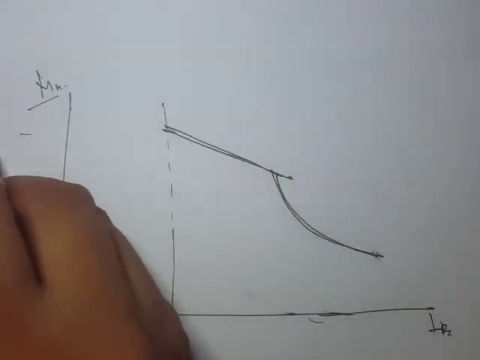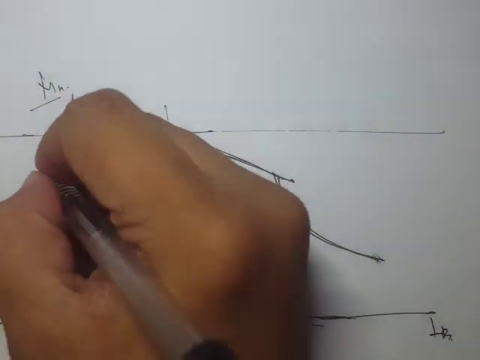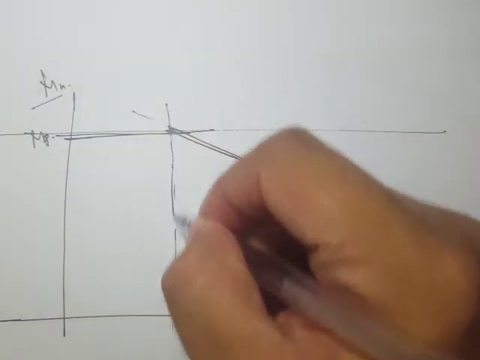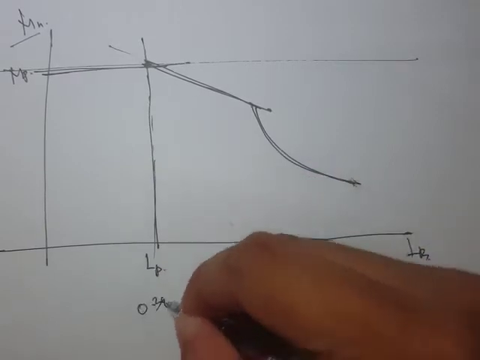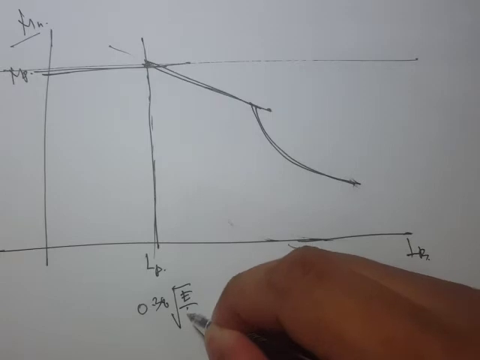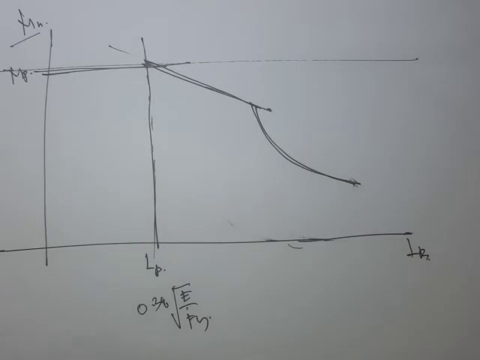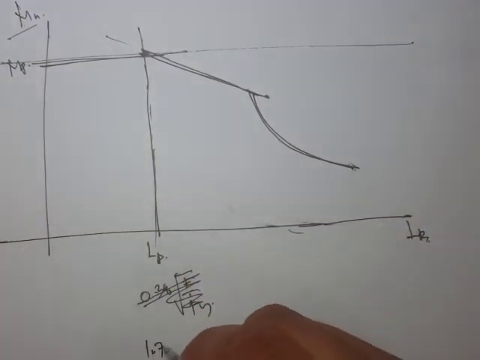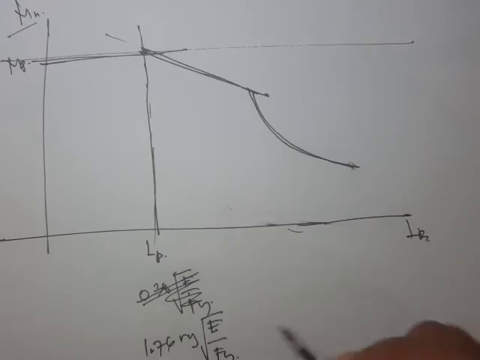But here we have a limiting value, and that's going to be the plastic moment capacity. Okay, so at this point, this is our L sub P. The equation is 1.76 r sub y square root of E all over Fy.